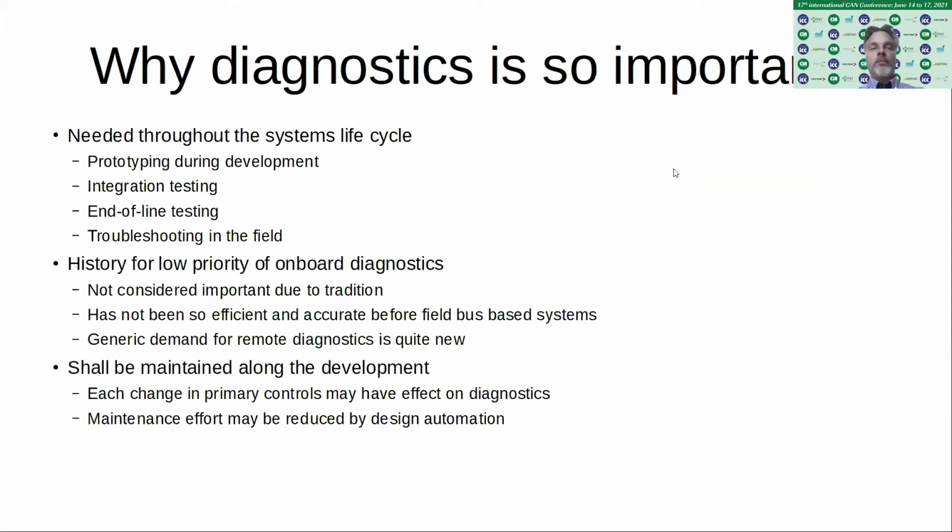When I'm talking about diagnostics, I'm mainly focusing on, let's say, off-road special vehicles and working machineries and so on. Typical of those systems is that the life cycle is quite long. There's not only manufacturing and production, but there's quite a long operation and field support phase.